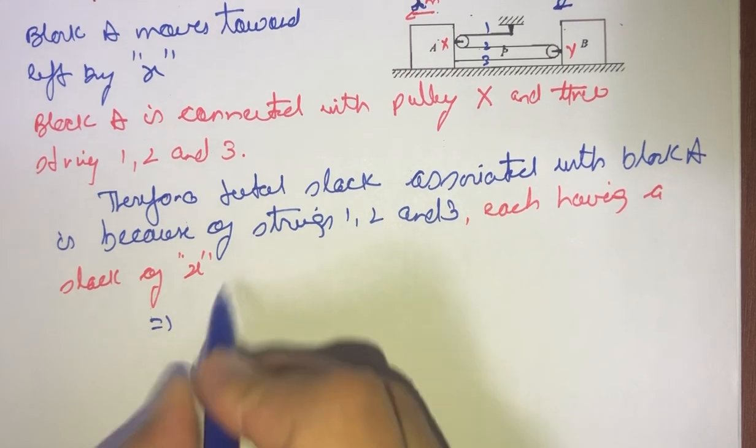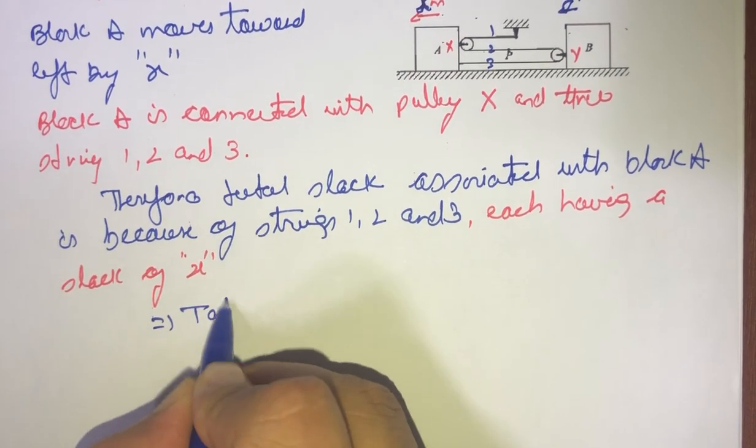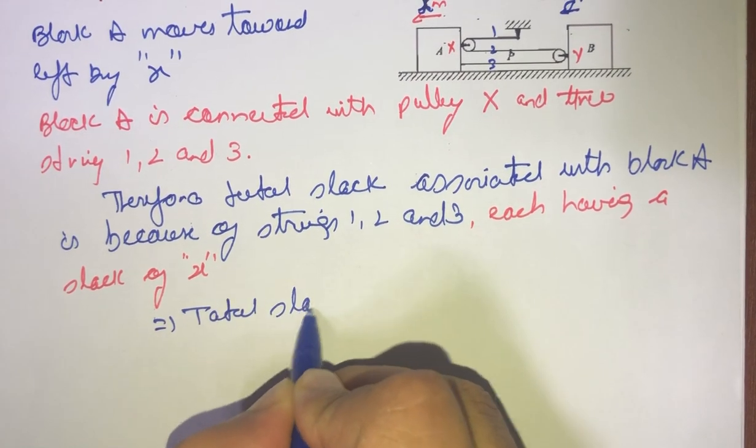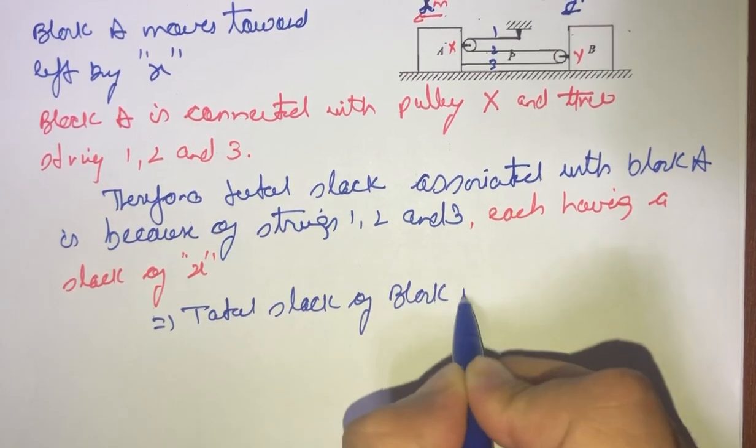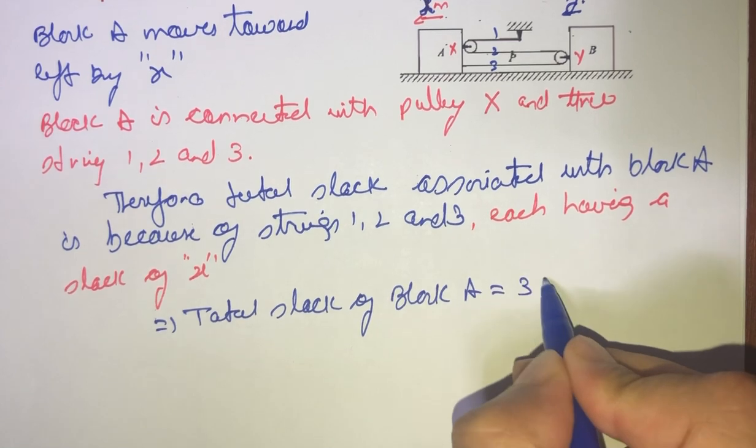So this implies that the total slack of block A is equal to 3x.